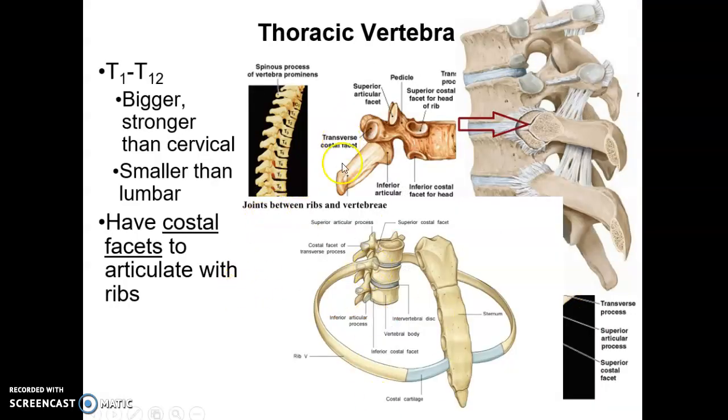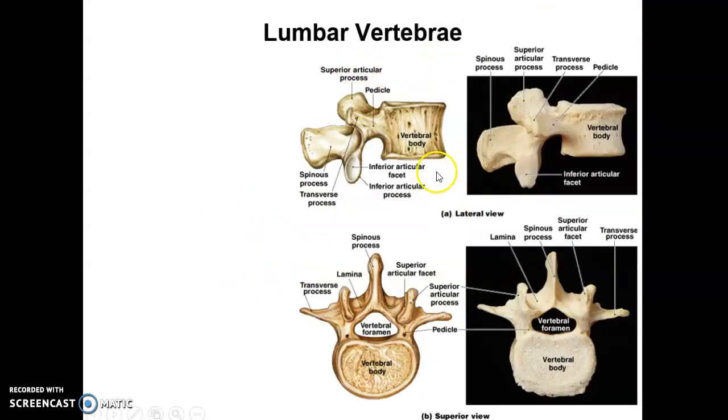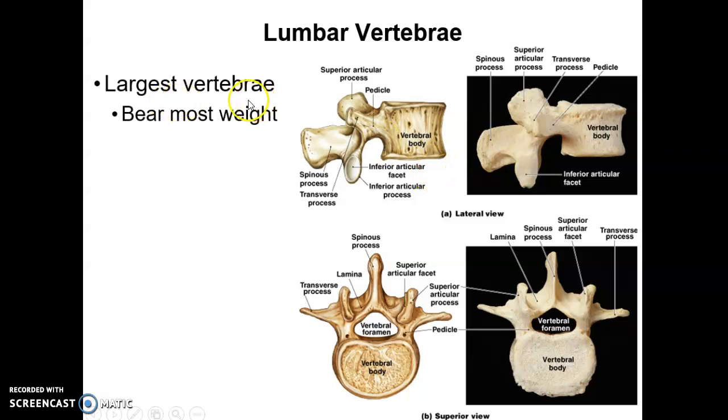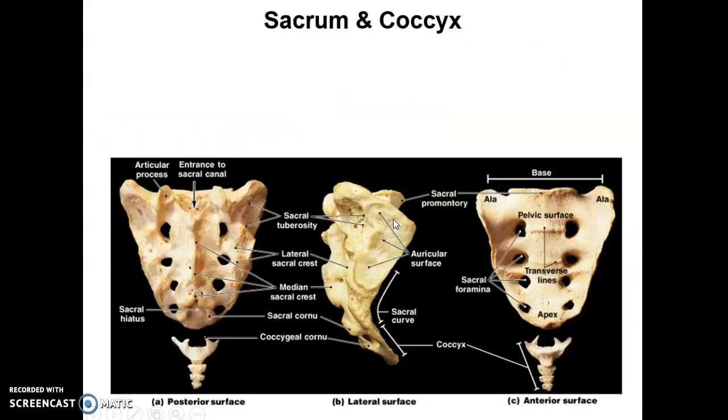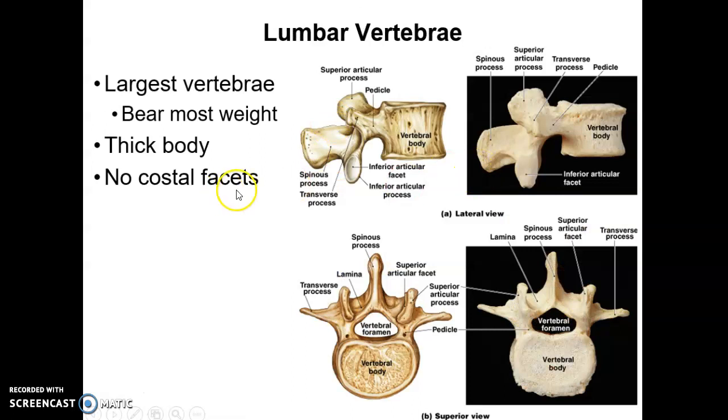Okay, moving down inferior to these, we have the lumbar vertebrae. They're the largest weight-bearing vertebrae, so they have a nice large body. No costal facets because they do not articulate with the ribs. Those are only the thoracic vertebrae. So L1 through L5.